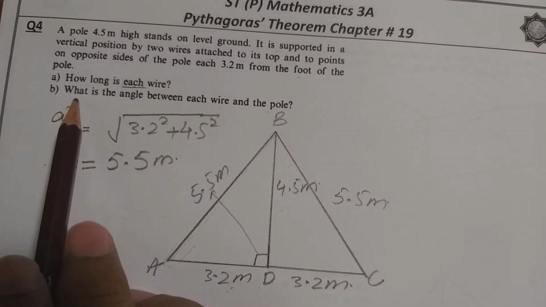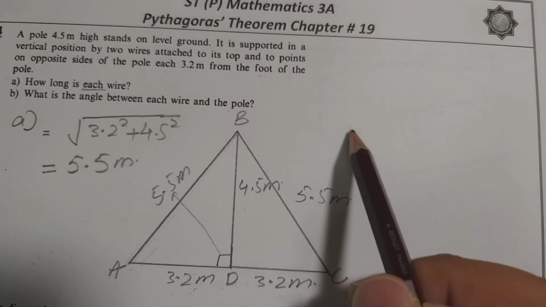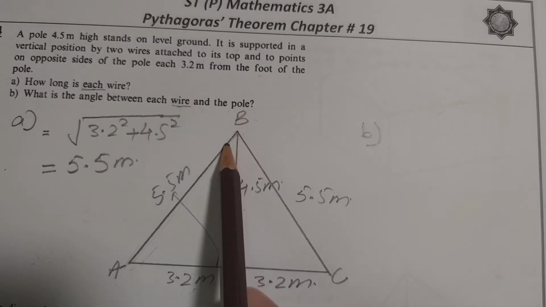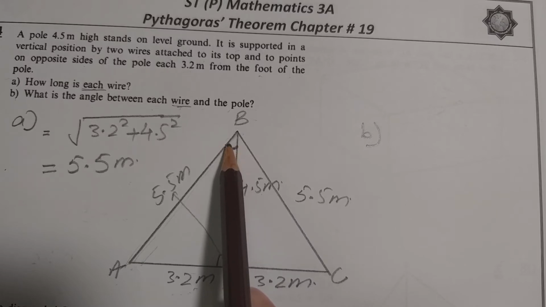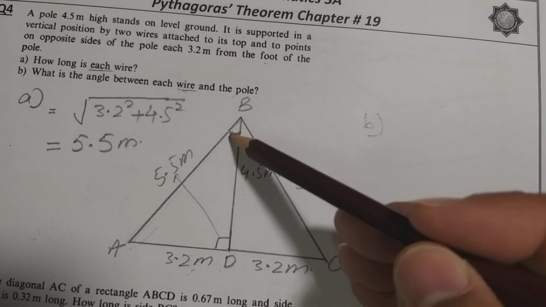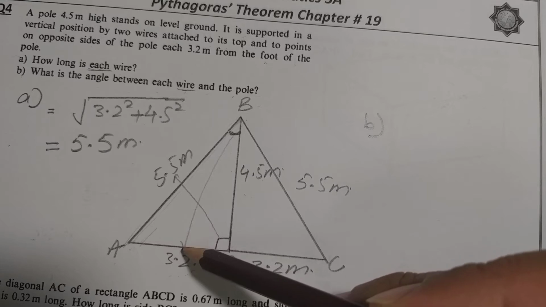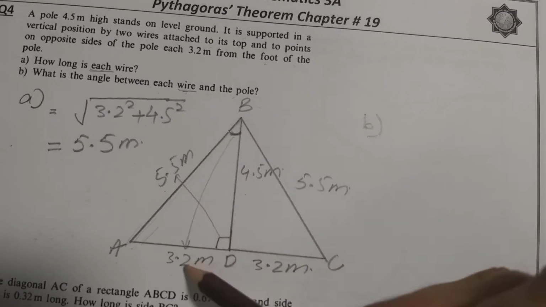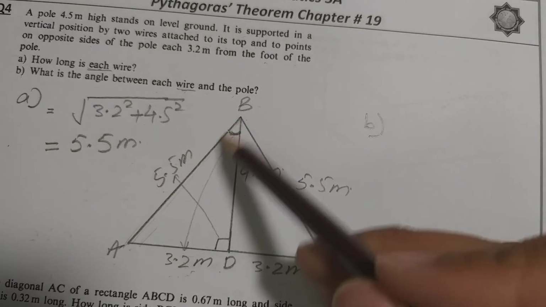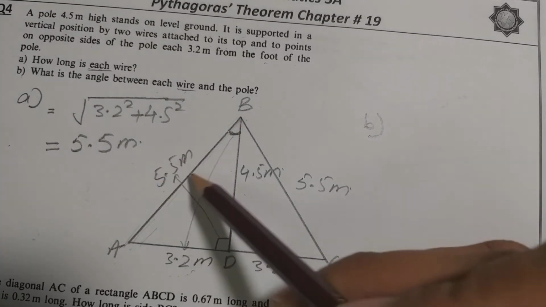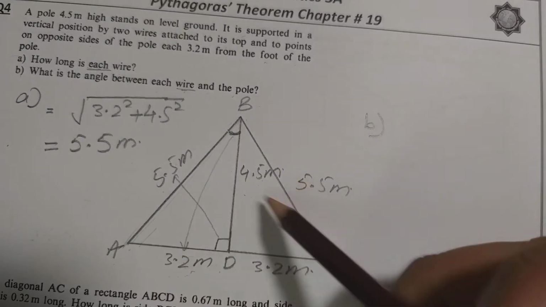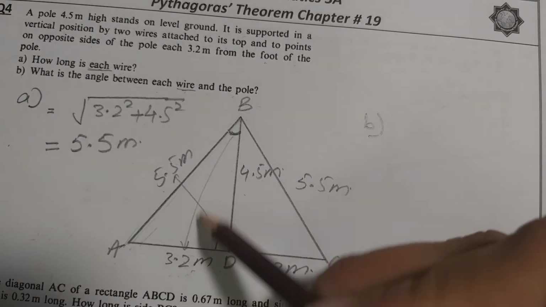B part, what is the angle between the wire and the pole? It means we need to find this angle. According to this angle, this side is called the opposite and this is called the adjacent. We have all three values. Either we can use the sine rule or cosine or the tangent, anyone, because all the information is given.